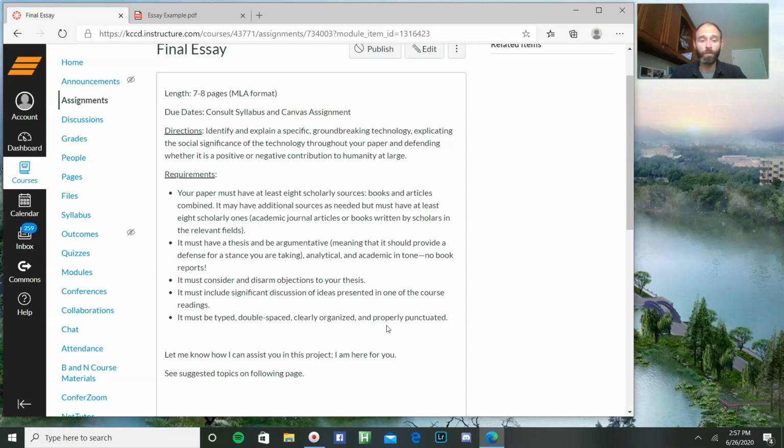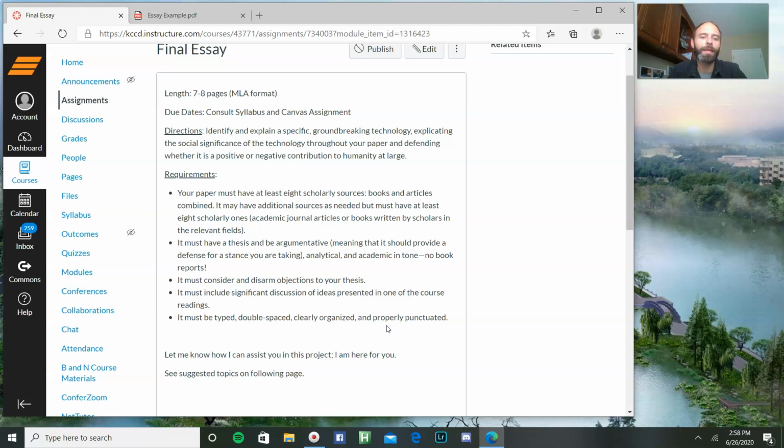Don't be afraid to use the word I in this argumentative paper. It lets the reader know what you're doing above and beyond what your source material might be doing. So you're taking a stance here. You must consider and disarm objections to your thesis. I'll show you an example of how you can do that in the example paper.